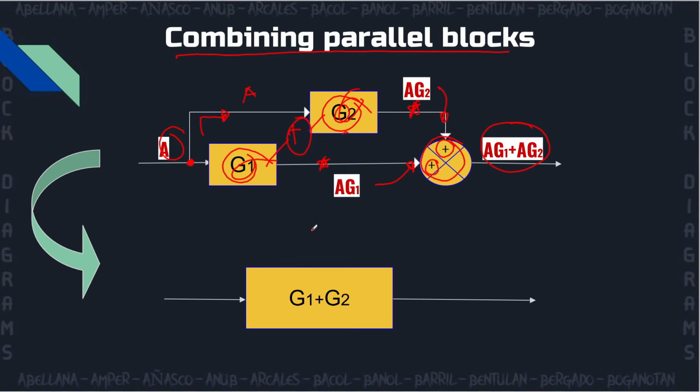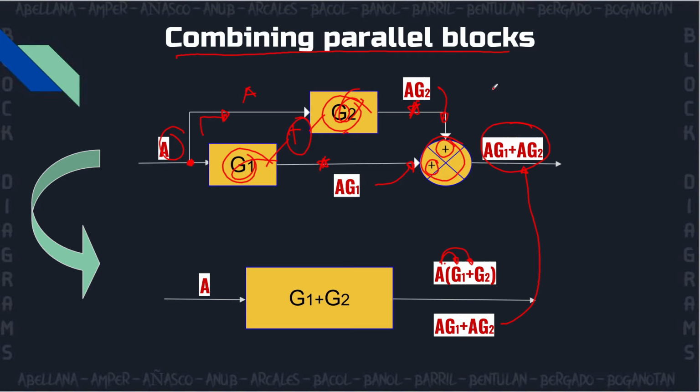Now to check whether this is correct, we will put the input A right here, and the output would be A quantity G1 plus G2. Now if we distribute A, the output would be AG1 plus AG2, which is the same as the first output.